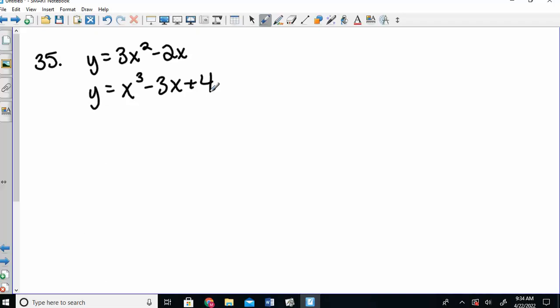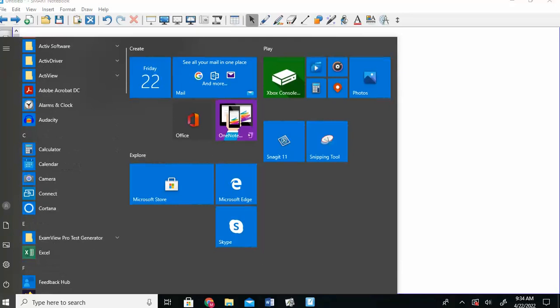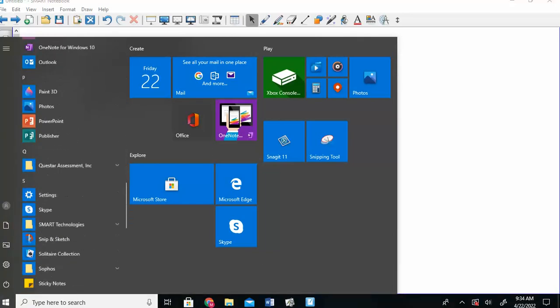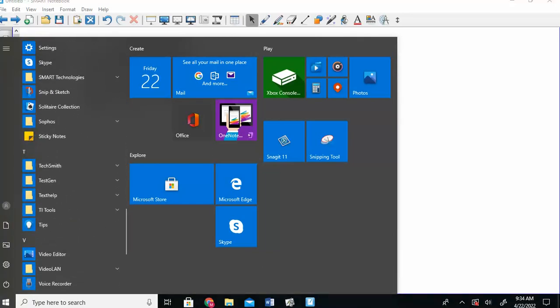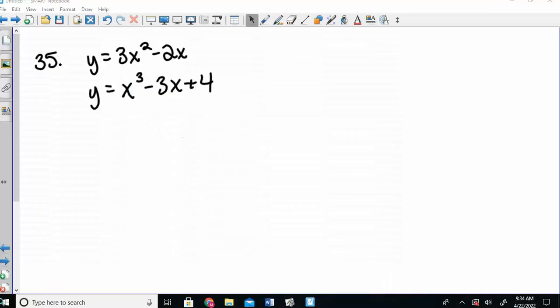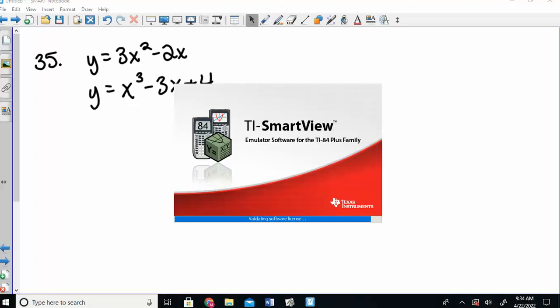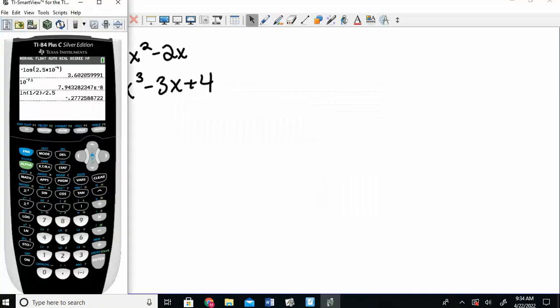Go to your y equals, and then plug in the first. So my y sub 1 should be the 3x squared minus 2x.